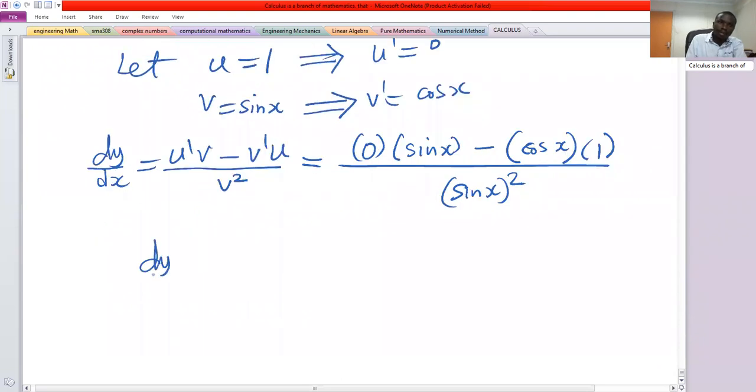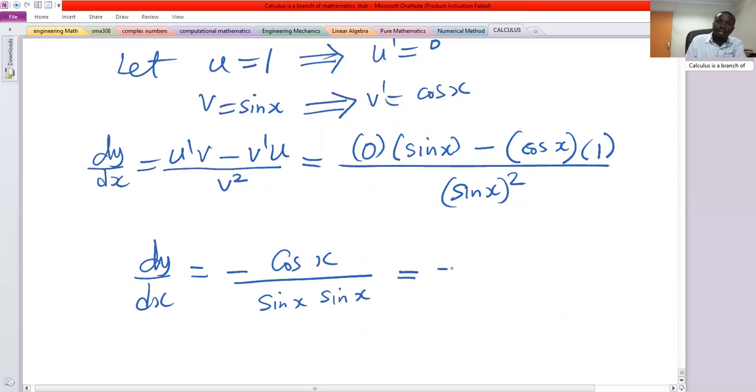Now dy dx: 0 times sine x is 0, so this will be negative cos of x divided by sine x times another sine x, so it's a product of 2. And this can be written as negative 1 over sine x times cosine of x over sine of x. So that's how we can write that.